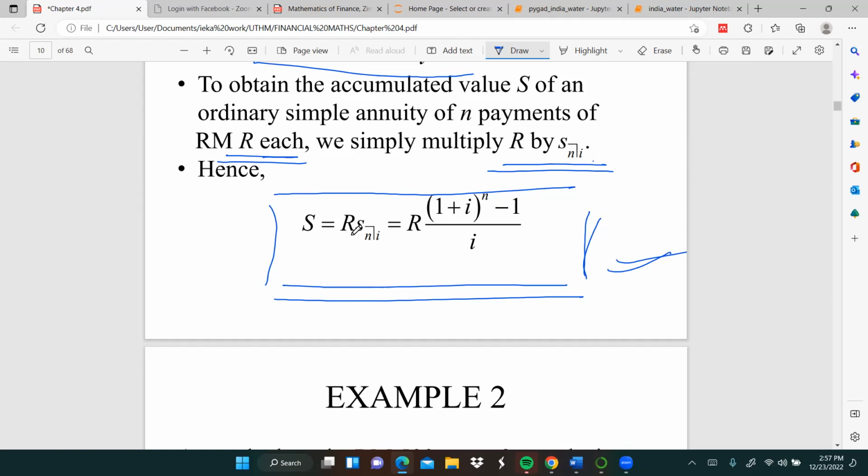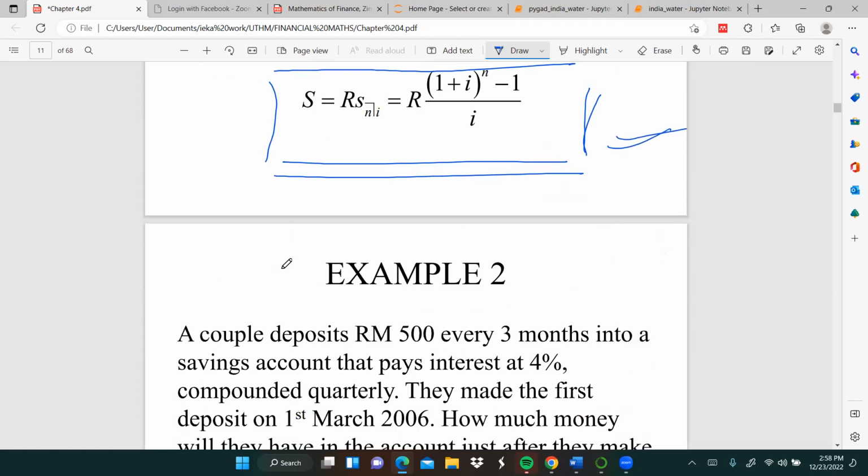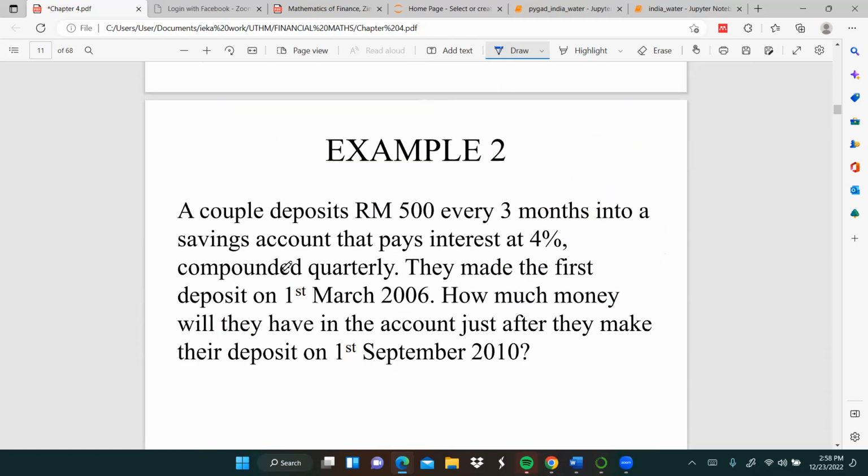You know the amount of money deposited every month or every 4 months, and so on, and then we multiply with S angle n at i. So next we see example 2.